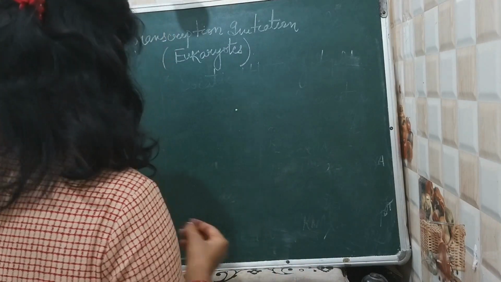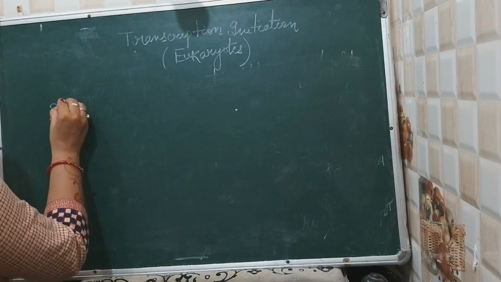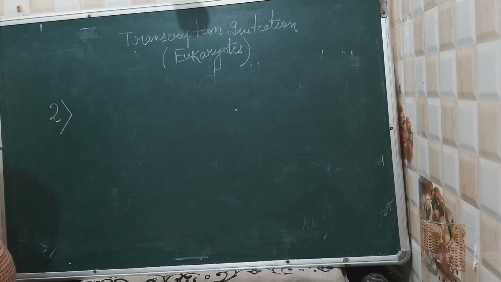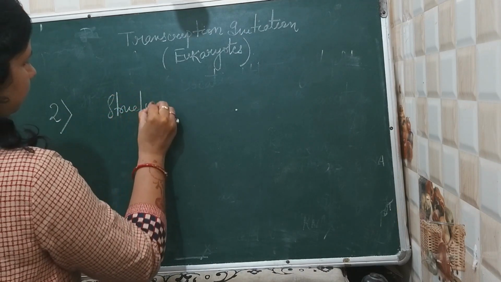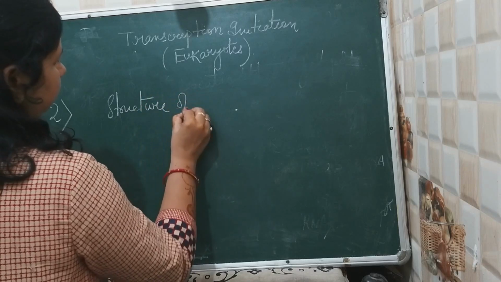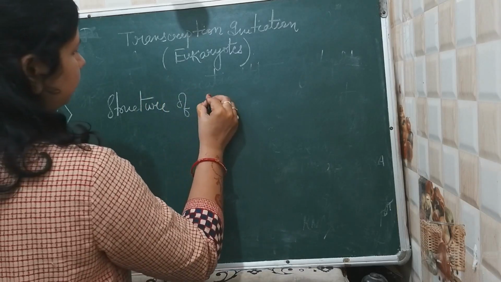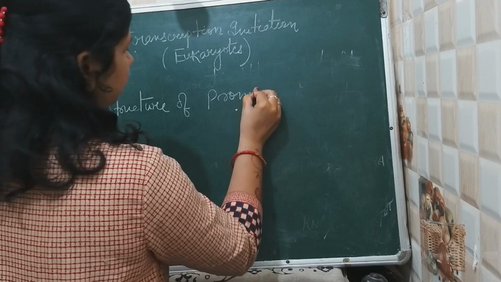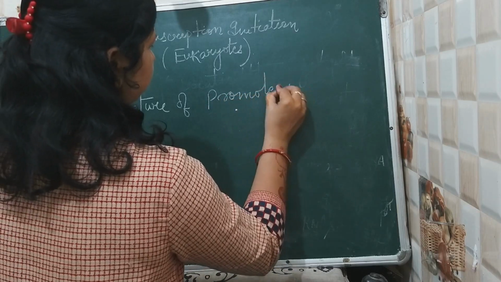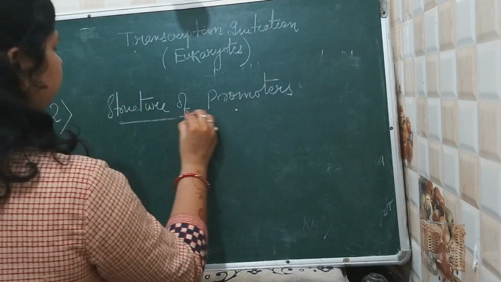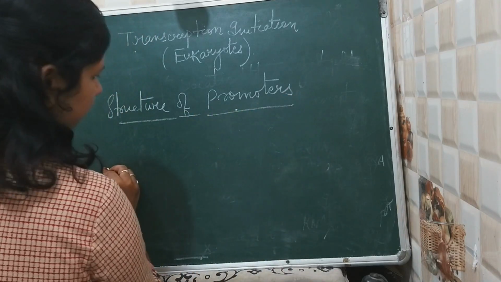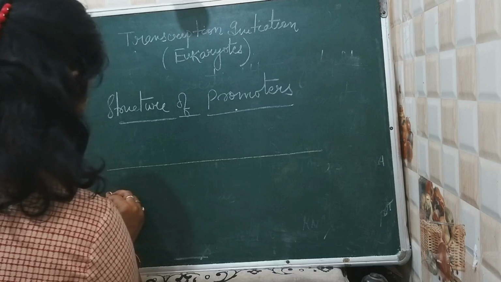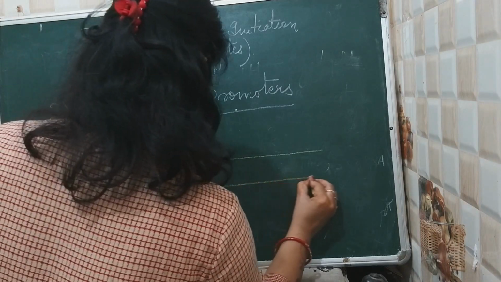Now, the second point I would like to discuss is the structure of RNA polymerase 2 promoters. Okay, so here is the schematic diagram of DNA.